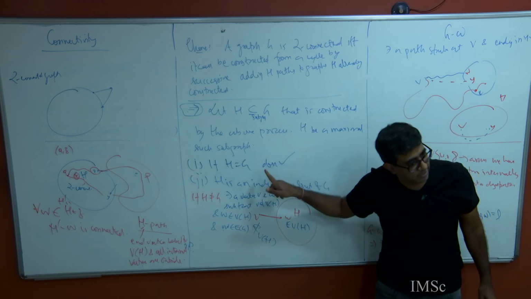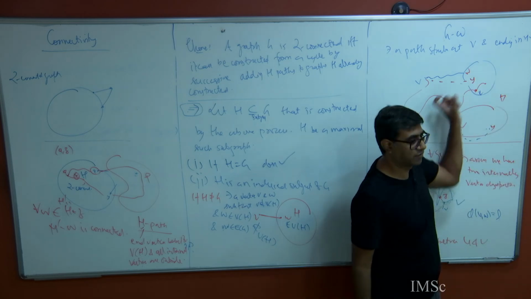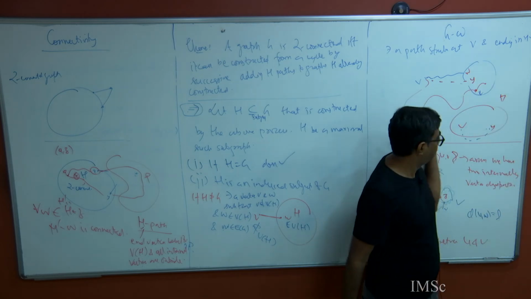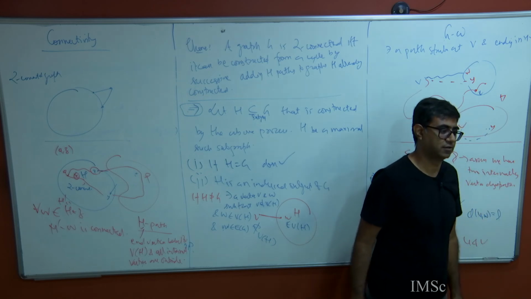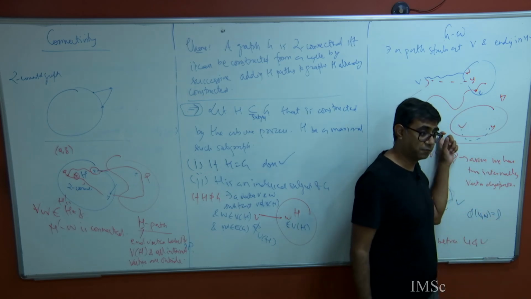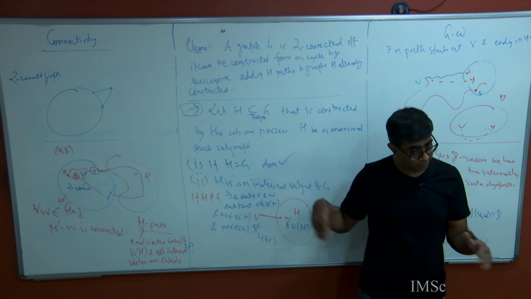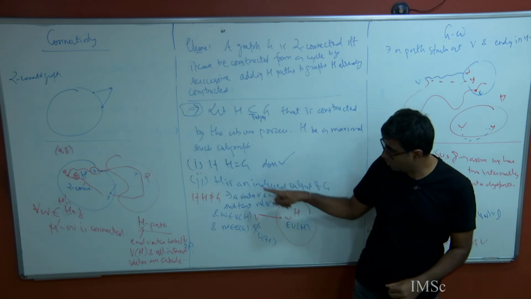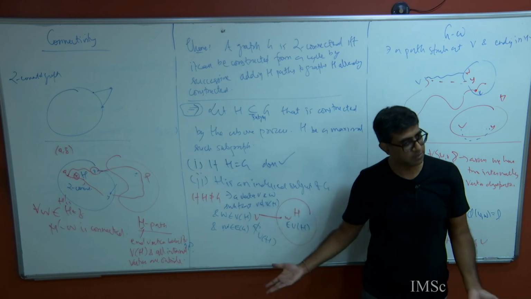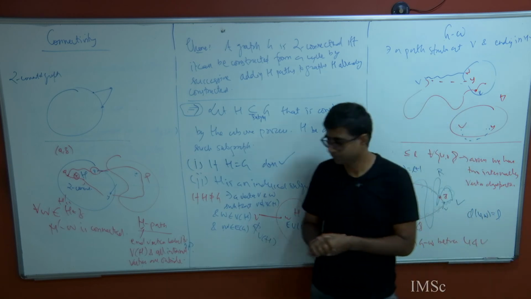Is H equal to G? No. Then I will find such a path, and the proof tells us that such a path will always exist. So correctness follows from this, the algorithm will succeed, and this is a polytime algorithm.